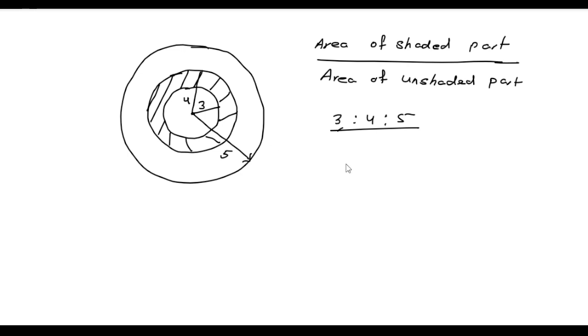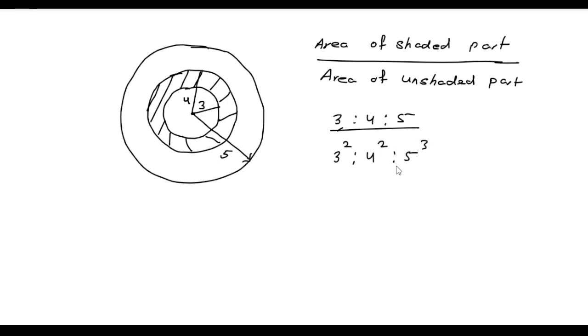Okay, shall I solve? You have done? Okay, now the radius is given in ratio 3, 4, 5. As we are talking about the area of similar figures, you already know that if the linear dimensions are in ratio 3, 4, 5, the area will be in ratio of 3 square, 4 square, 5 square.